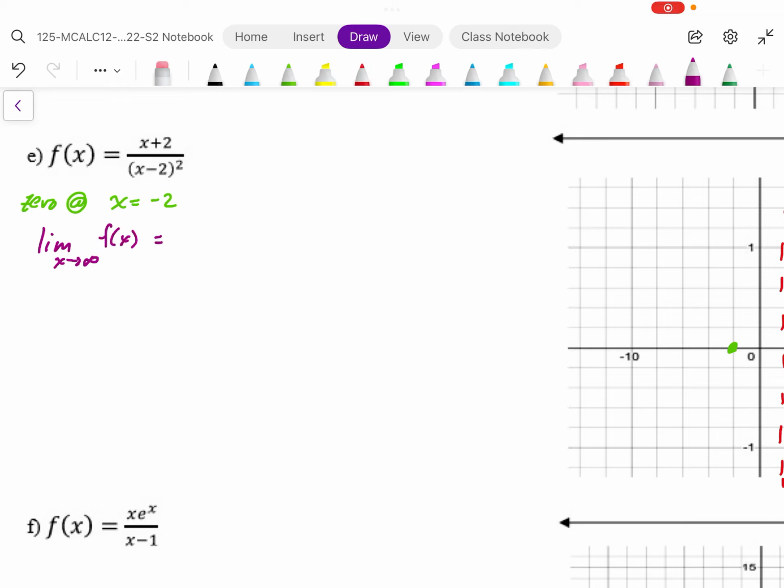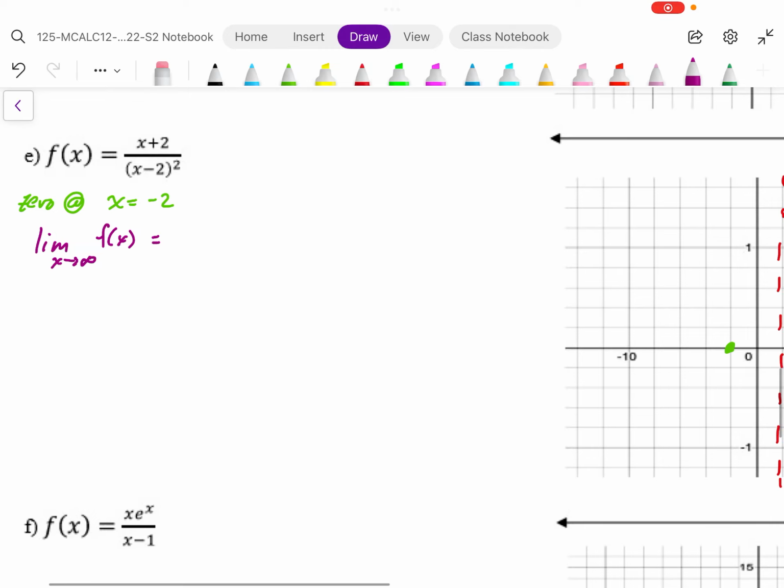This helps me understand from which side we're going to approach the asymptote. If I plug in positive infinity, I end up with positive in the numerator. The denominator is always positive. So I'm going to approach 0 from the positive side. So I'm going to be coming down, as I go from left to right, to the horizontal asymptote.